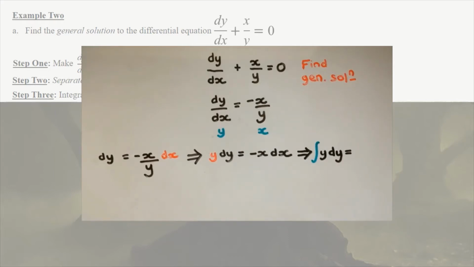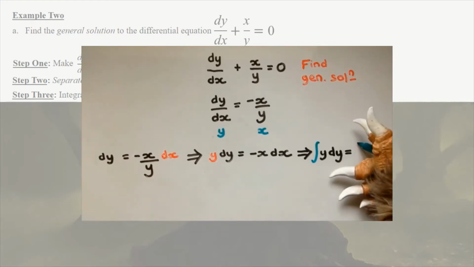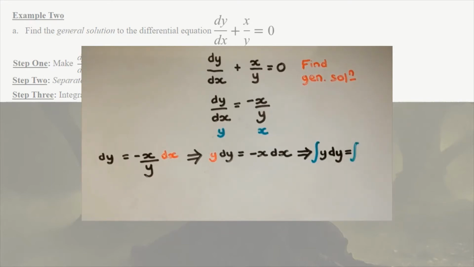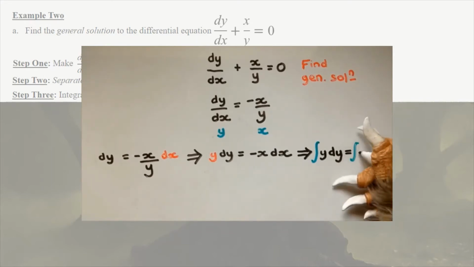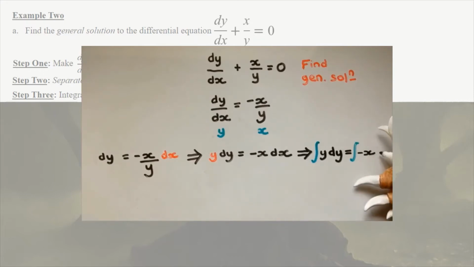Now what you could do is you could bring the negative outside. I won't do that, I don't want to overdo it in one step. So we're integrating negative x with respect to x. Just put the dx on there. Great.